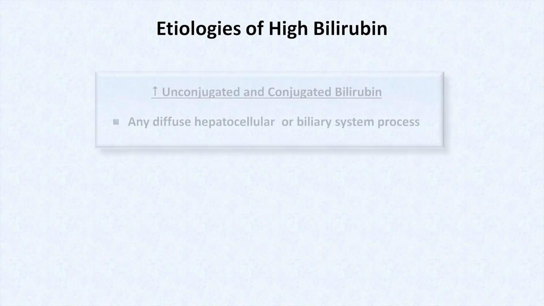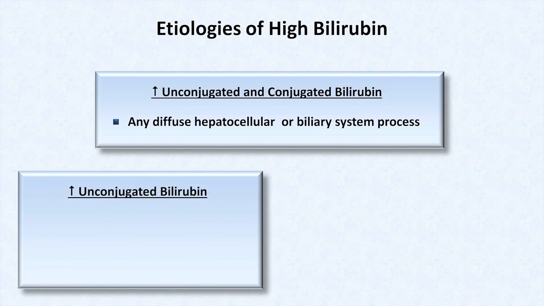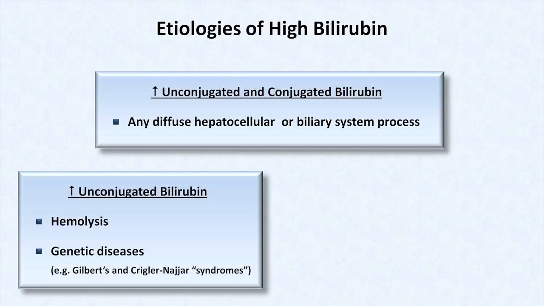The etiologies of an elevated bilirubin depend greatly on which type of bilirubin is elevated. If both unconjugated and conjugated bilirubin is elevated, it is consistent with any diffuse hepatocellular or biliary process. An isolated increase of unconjugated bilirubin suggests either hemolysis or one of two genetic diseases, Gilbert's and Crigler-Najjar "syndromes", in which there are problems with the conjugation step in bilirubin metabolism.